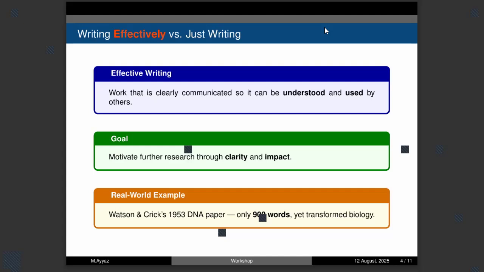And it's just a 900 words paper. So see how an effective idea presented through impactful written work can drastically transform the given discipline, and it could give us a paradigm shift.